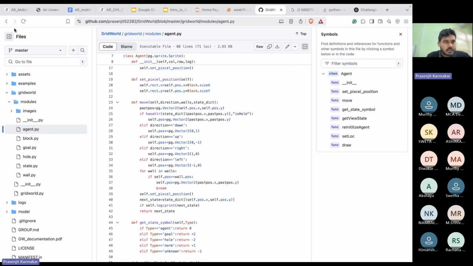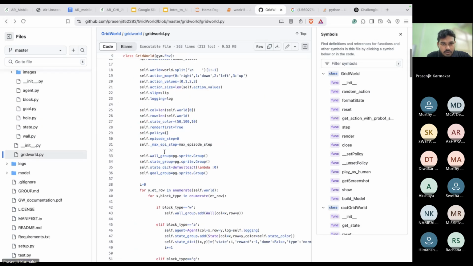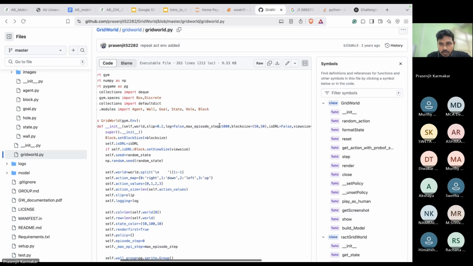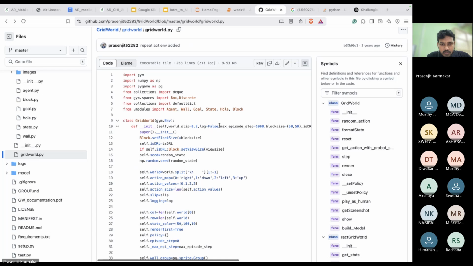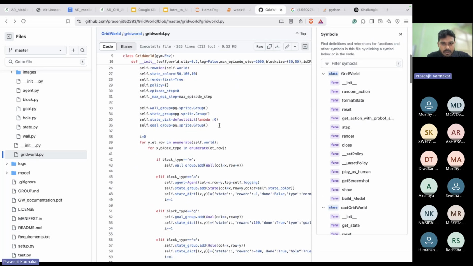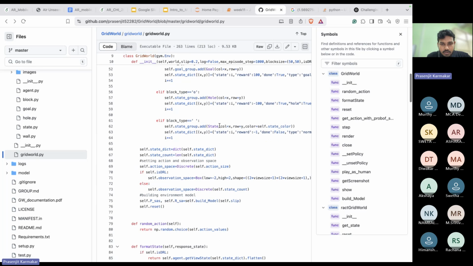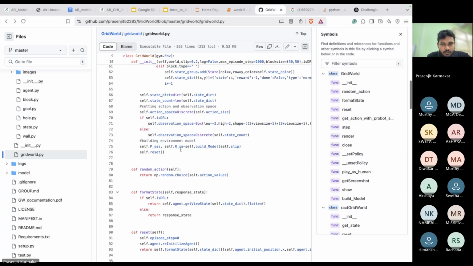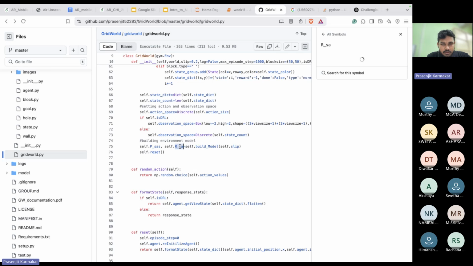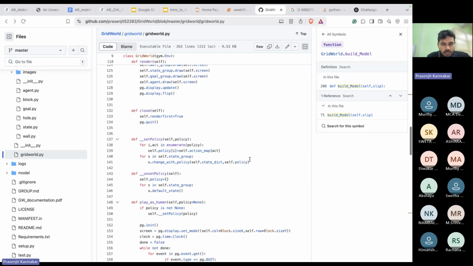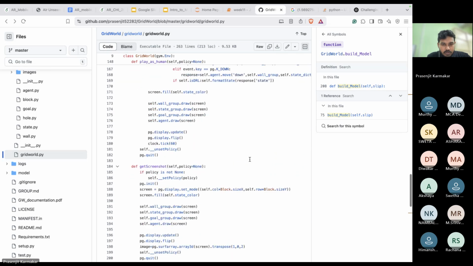Where's the reward function that is defined? It's because of the reward function. I can leave that. Wait, let me check. RSA, self dot build model. What is that build model function?